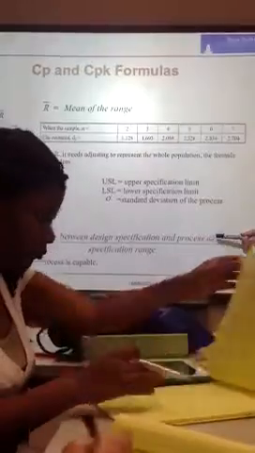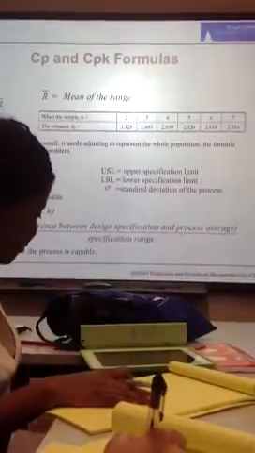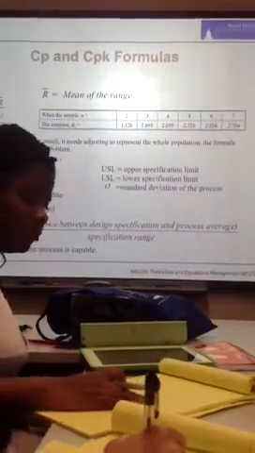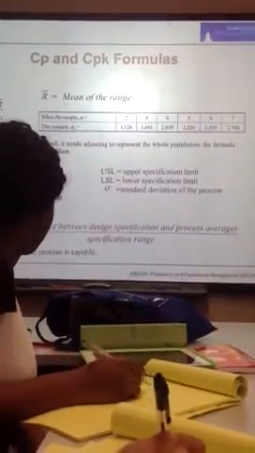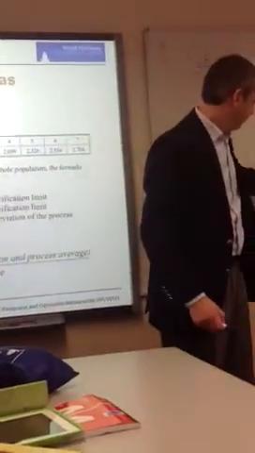Your process average is when you take the sample, you calculate the mean of that sample. That is your process average. We'll do an example in a minute. So we can calculate CP, and we divide that by the specification range. The specification range is just the tolerance level.